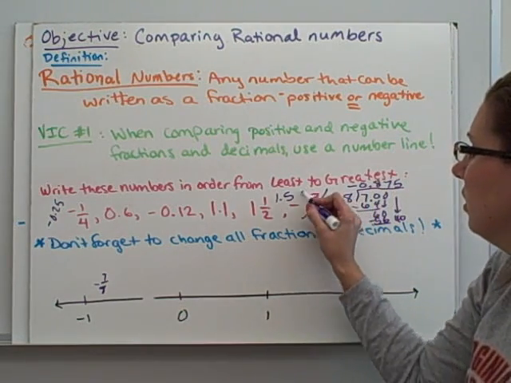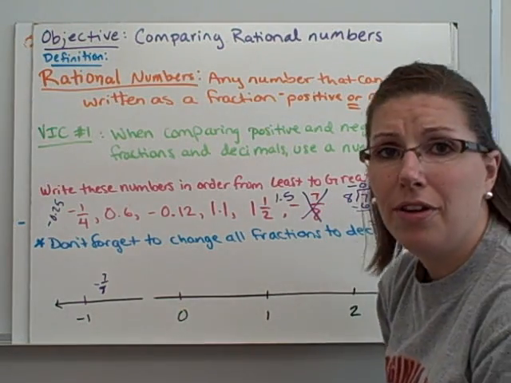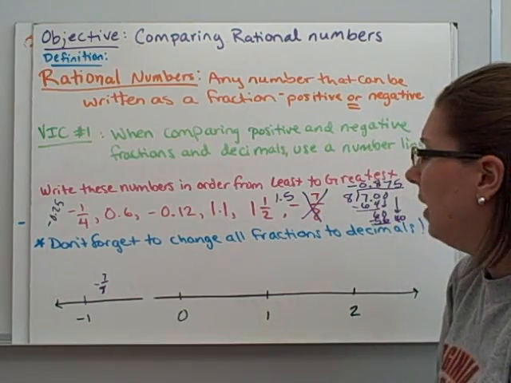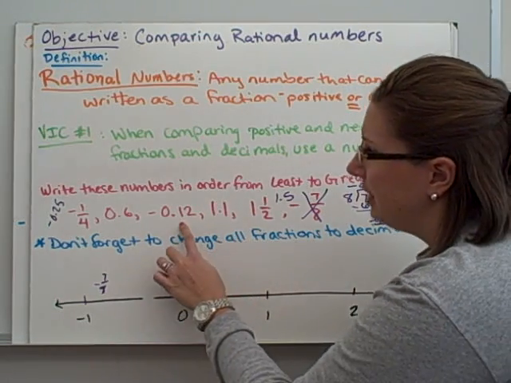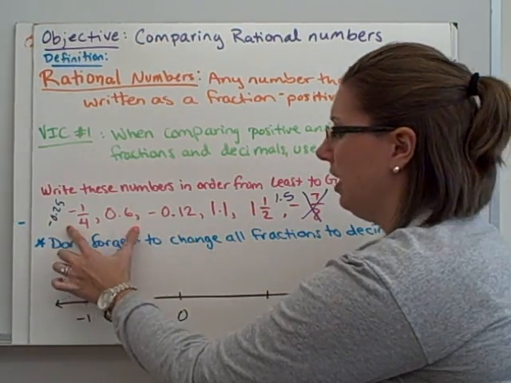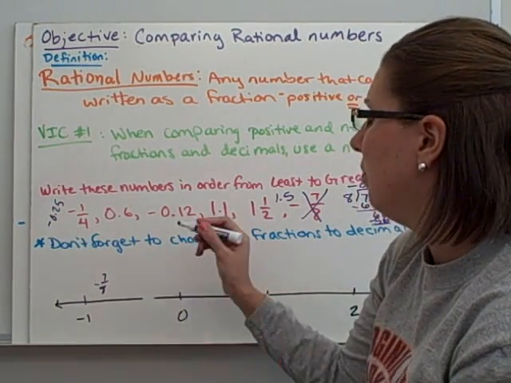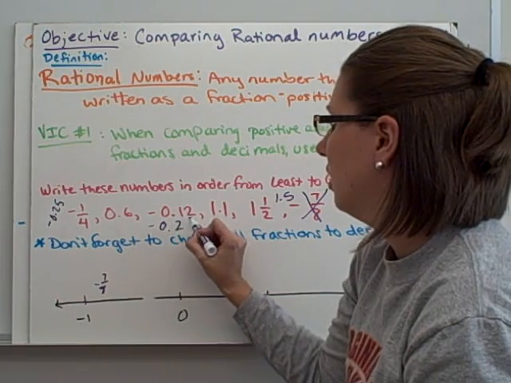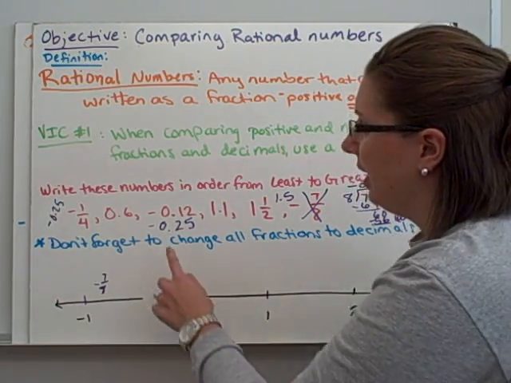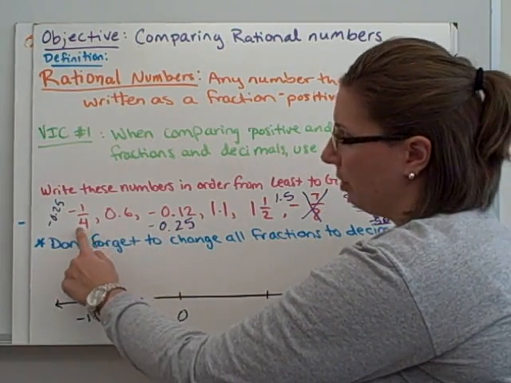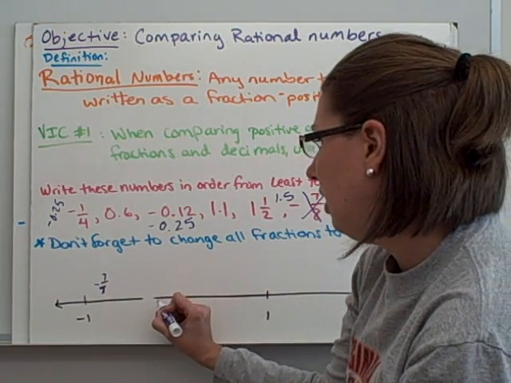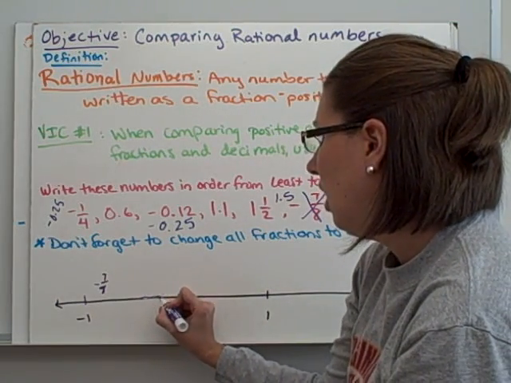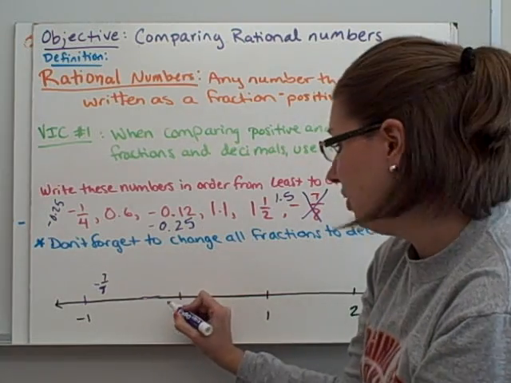So that one's done. I'm going to look for another negative number so that I can compare it. This is a negative, and this one's a negative. So let's compare these two numbers. If I look at the tenths place, this one's bigger, so I'm going to put this on my number line at approximately 0.25.